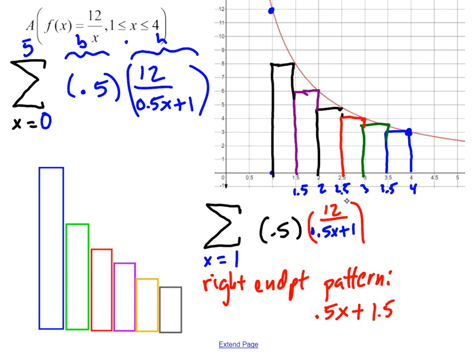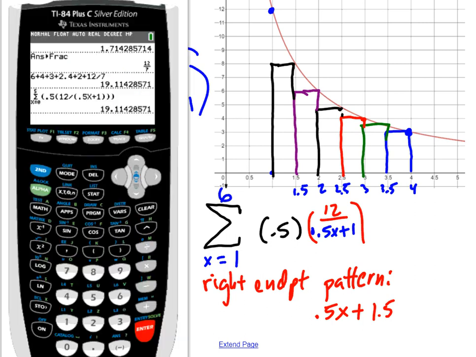And then if x is 2, I get my 2, 2.5, 3, 4. Oh, but now instead of my last value being 5 to plug in, I need it to spit out 4. So really, if I plug in 6 here, that'll find me some of the right endpoint pattern. So if you're able to build the argument for a left endpoint, you can actually use the same argument and just kind of shift which values you're using as your inputs to use the right endpoints. 0 goes to 1, 5 goes to 6. Let's try it out in our calculator.